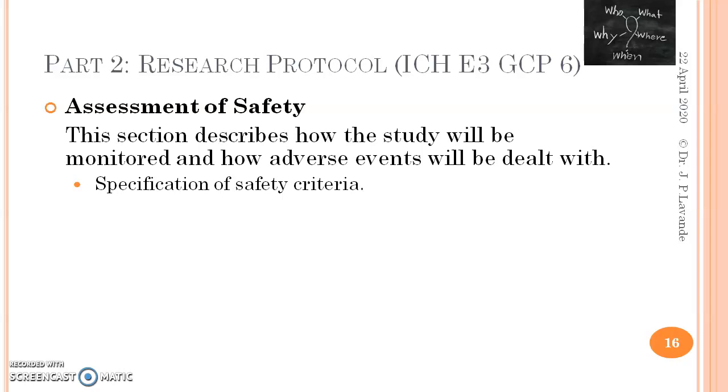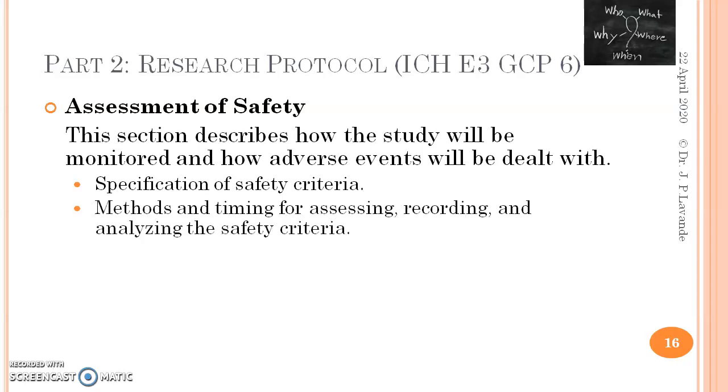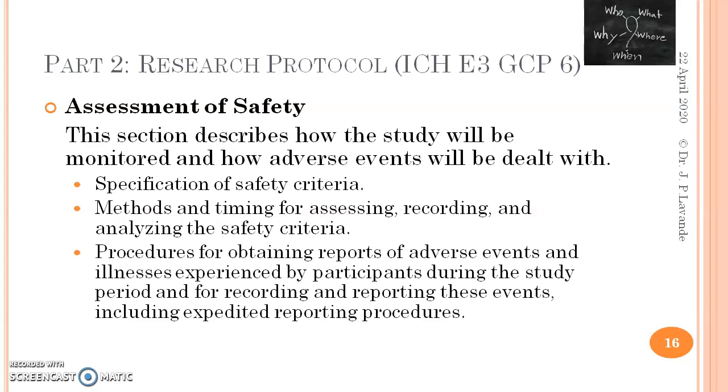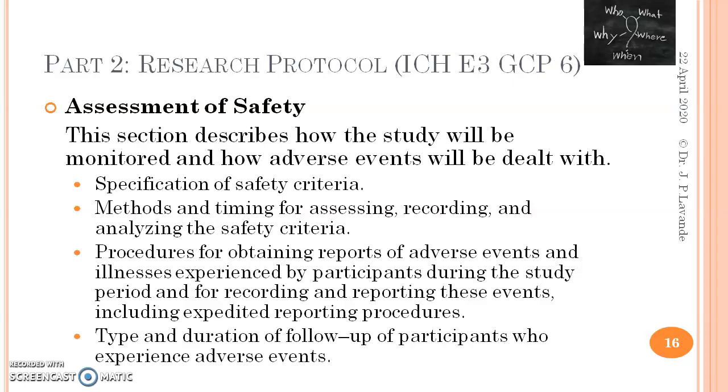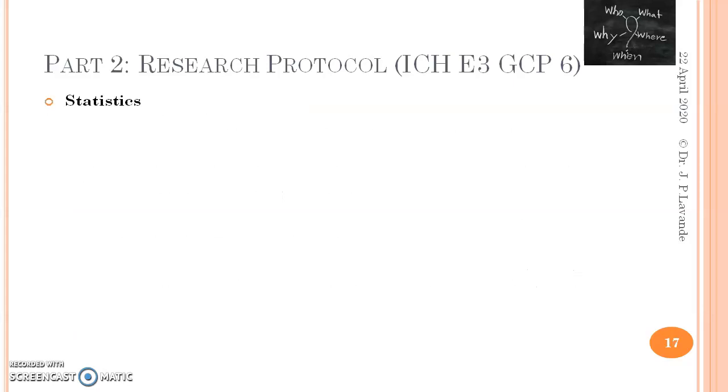In regards to specification of safety criteria, methods and timing for assessing, recording and analyzing the safety data, safety criteria, procedures for obtaining reports of adverse events and illnesses experienced by participants during the study period, and for recording and reporting these events, including expedited reporting procedures, type and duration of follow-up of participants who experience the adverse effects in order to ensure the safety of the product.